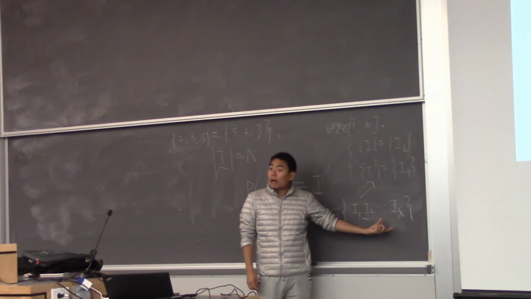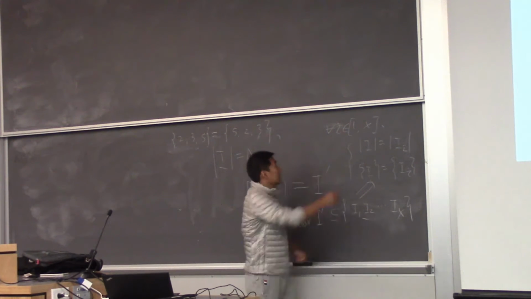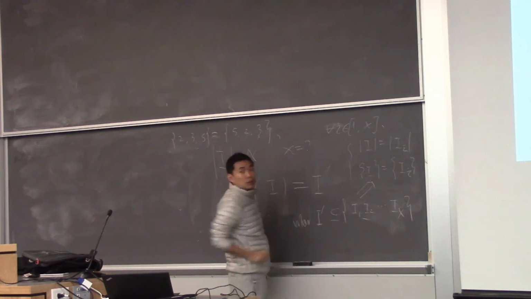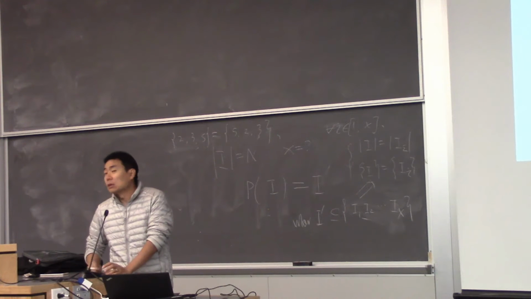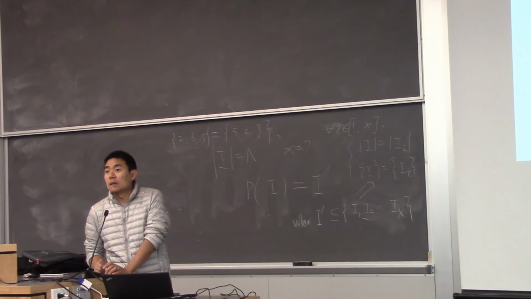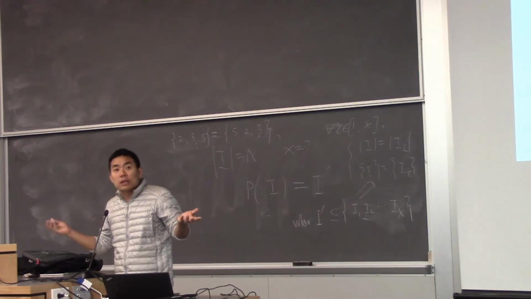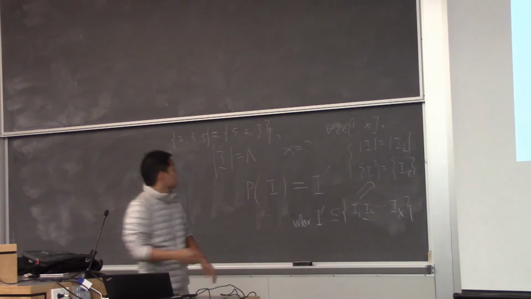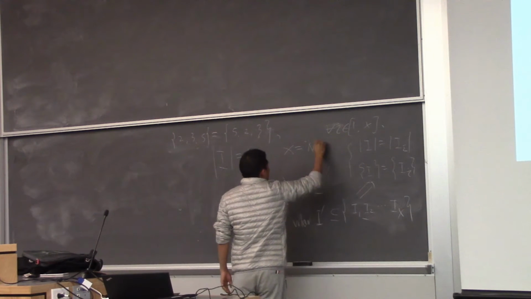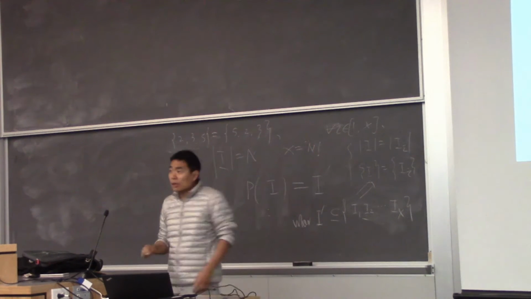How many of them do you have? Can someone tell me? What's the value, in other words, what's the value of x here? How many possible permutation sequences may you have? That's the question I'm asking. N factorial.